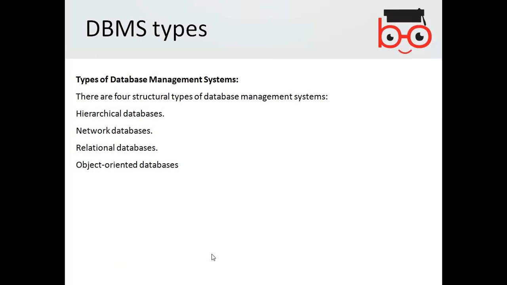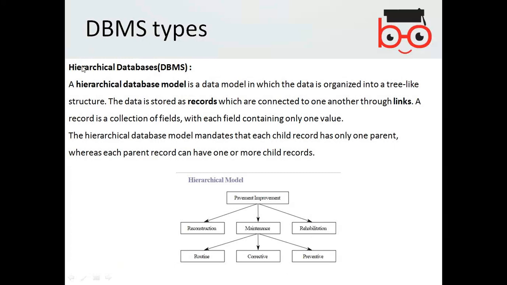There are 4 structural types of database management system. One is the hierarchical database, the other is the network database, relational databases, and object-oriented databases. The hierarchical database model is a data model in which data is organized into a tree-like structure like this.